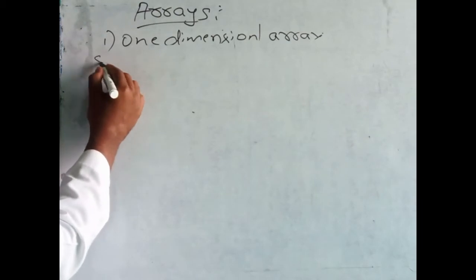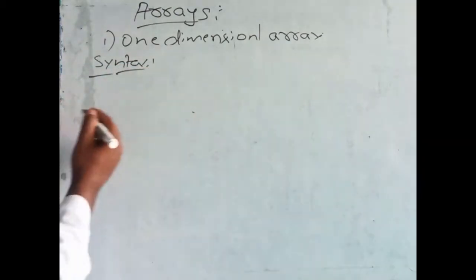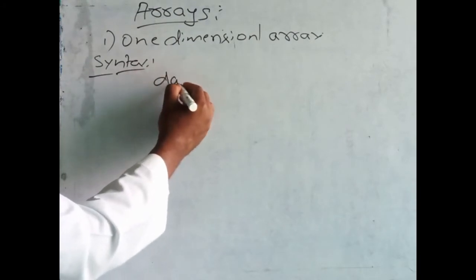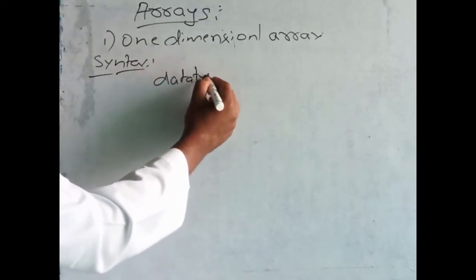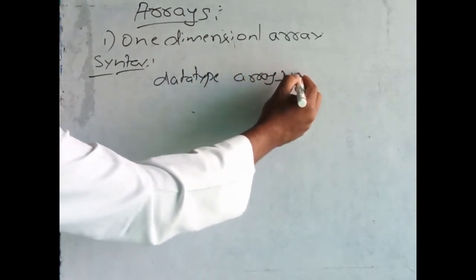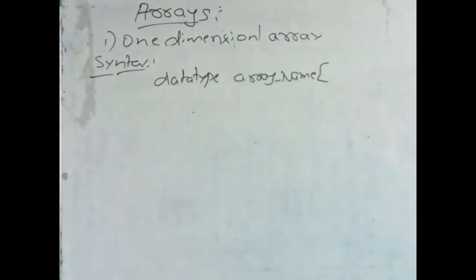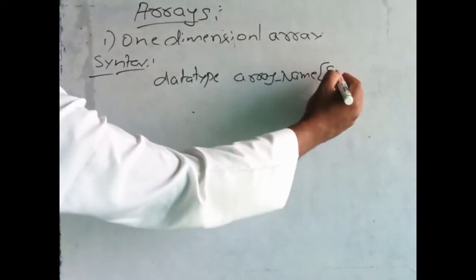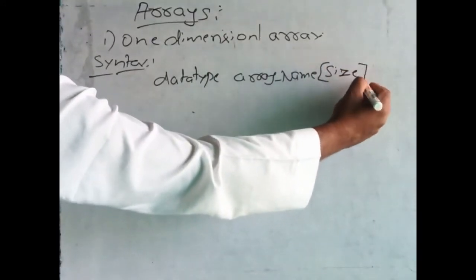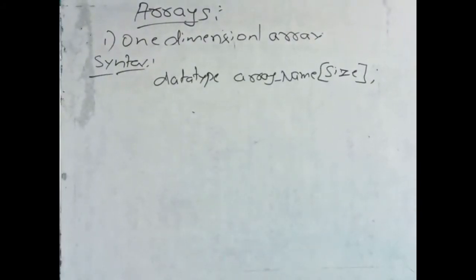The syntax of a one-dimensional array is first the data type, then the array name, then a square bracket. We call this square bracket the subscript. Here we write the size of the array. What is the size of the array? That means how many elements the array can contain.